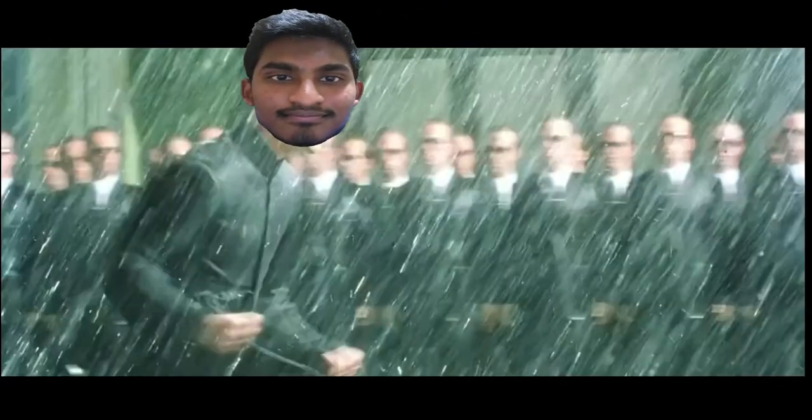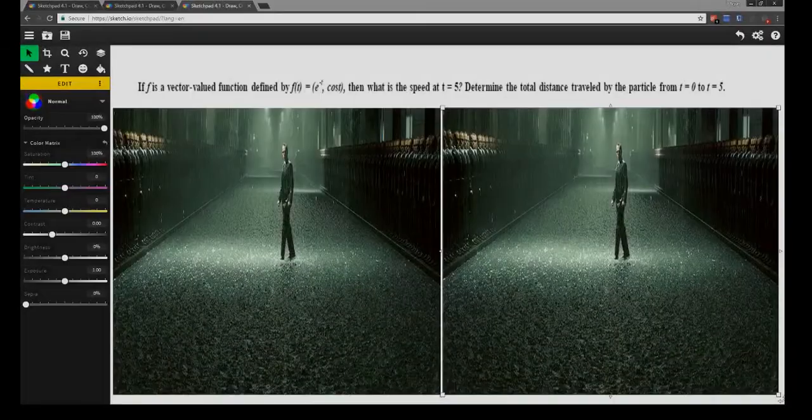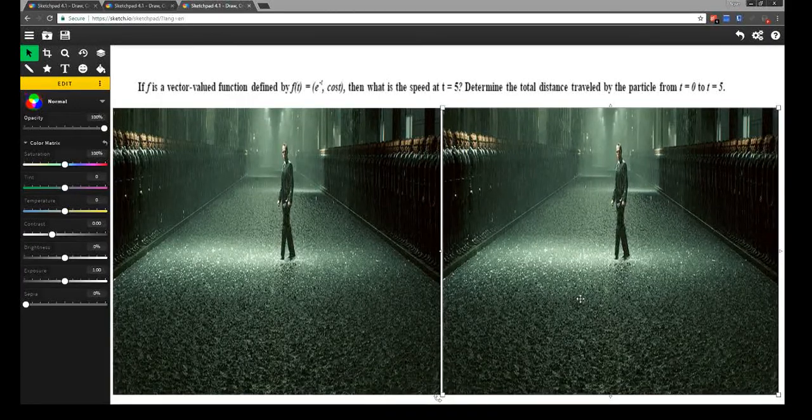Mr. Anderson, welcome back. We missed you. Now that Neo is equipped with his new weapon, he's ready to begin the final fight.